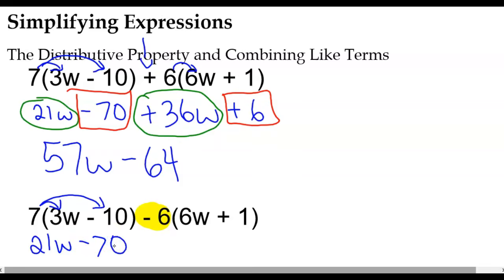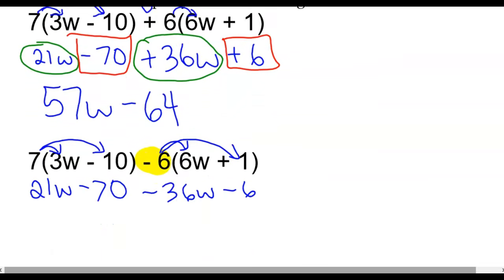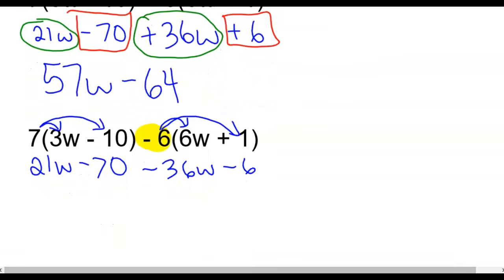But again, I see the minus sign in front of the 6. So when I distribute this 6, it's really negative 6 that I'm distributing. So negative 6 times 6w is negative 36w. Negative 6 times positive 1 is negative 6. That one change in the sign changes how we simplify this.